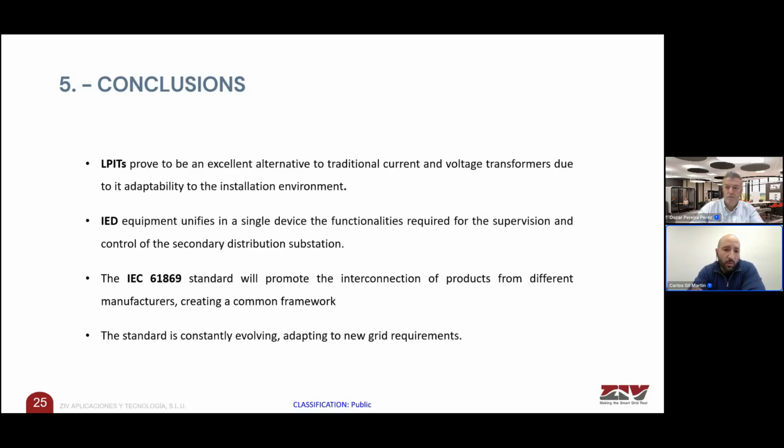The IED will be an equipment that unifies in a single device the task of protection, measurement, and control. This new standard will promote the interconnection or interoperability with the different manufacturers. And finally, this standard is constantly evolving to adapt to the customer requirements.